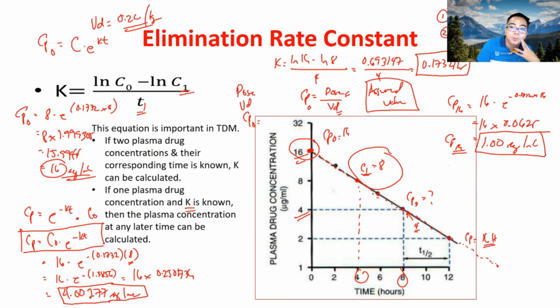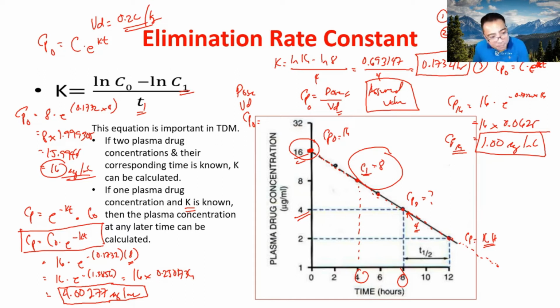Number 2, using the equation CP sub 0 equals dose over VD. That's another way. Provided class, alam mo yung dose and yung volume distribution ng gamit mo. And number 3, gagamit tayo ng equation na CP sub 0 equals C times e positive kt. Positive yan, positive kt. To get CP sub 0.